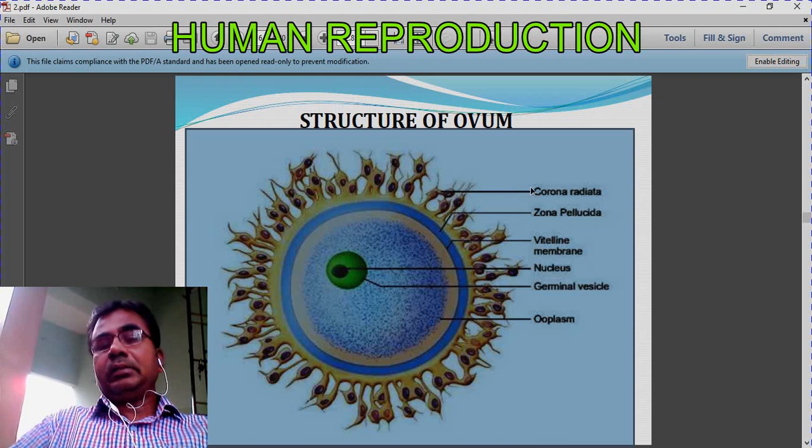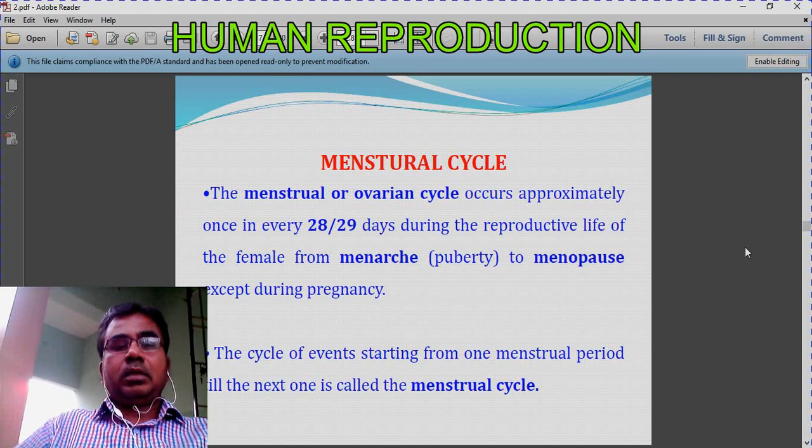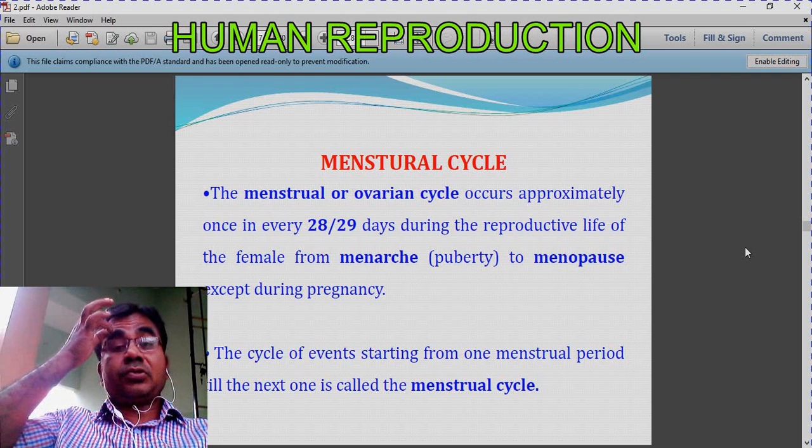Three layers are there: corona radiata, zona pellucida, and then vitelline membrane. These three layers are around the egg. Inside are the nucleus, the germinal vesicle, and the cytoplasm within the egg, called ooplasm. So this is the general structure of the human ovum. Now coming to the next topic, the menstrual cycle.